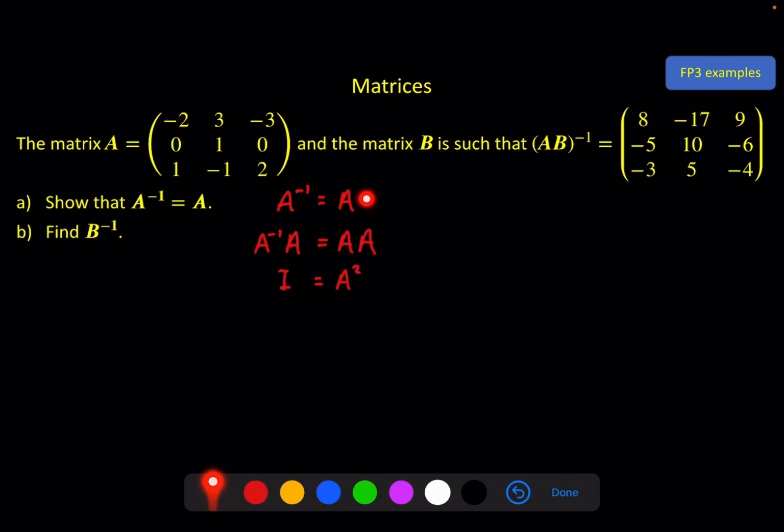So this statement is equivalent to this statement, which means if I multiply A by itself and I get the identity matrix, then this must be true. And that's going to be much quicker than finding the inverse of A through that long process that we had. So all I'm going to do here is multiply A by itself, and hopefully we get the identity matrix.